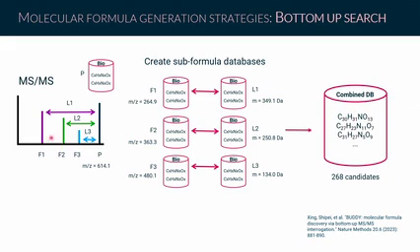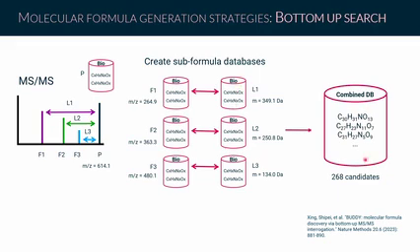The idea is basically you look into the database, get all your precursor formulas, and then you also look up all the fragment masses in your database and get all these. Then you also look up all the neutral loss masses in your database and get them. Then you take each of the fragment formulas and combine them with each of the loss formulas.